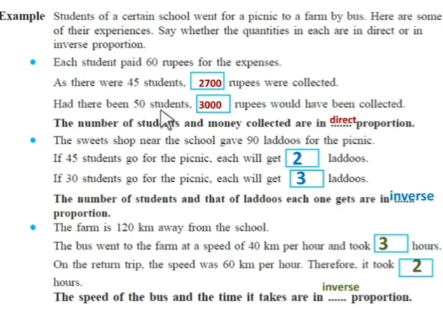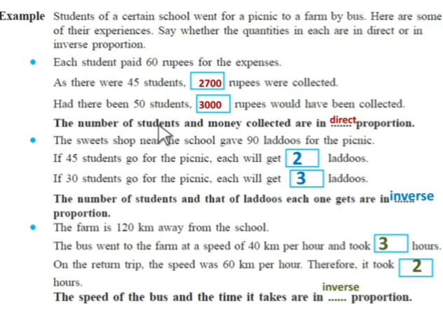Had there been 50 students, dash rupees would have been collected. Now you have to find, if 50 students go for the picnic, then what amount will be collected from them. So what we will do? We will multiply 50 by 60. You will get 3000. That is, from 50 students, 3000 rupees would have been collected.